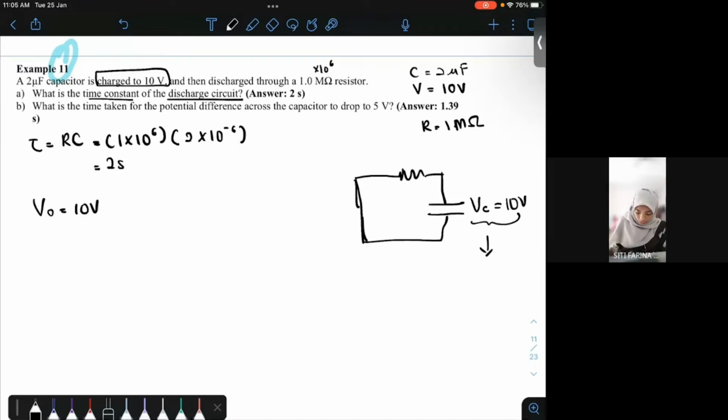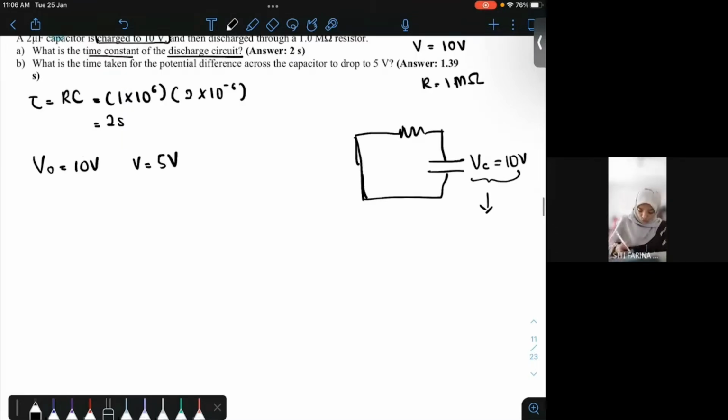Okay, and then it has dropped to 5 volt. So the remaining voltage now is only 5. So dia dah berkurang, so tinggal 5 volt sahaja. Okay, and then dia minta time taken. Okay, untuk dia drop daripada 10 ke 5.